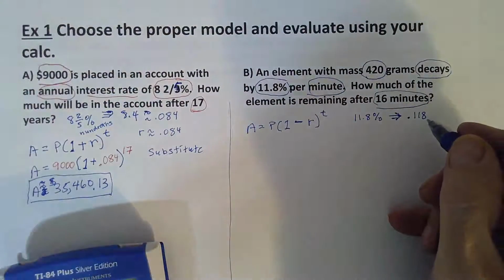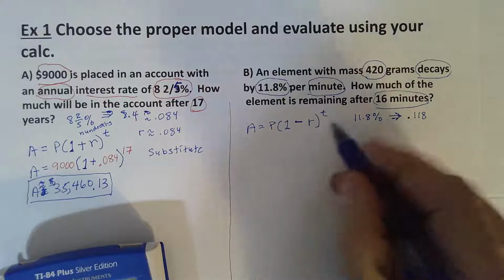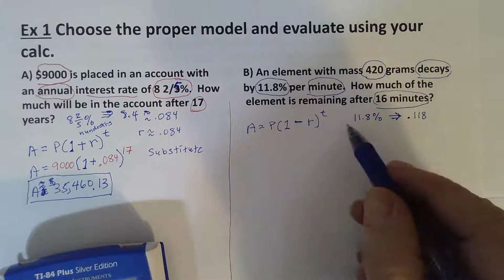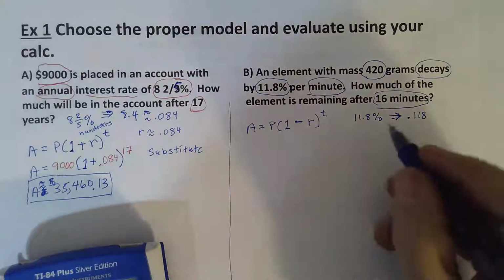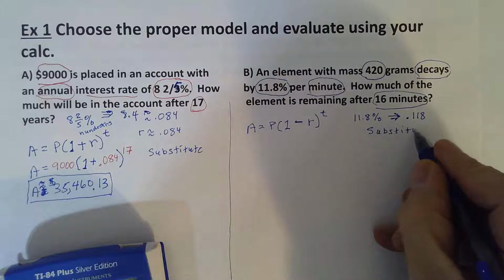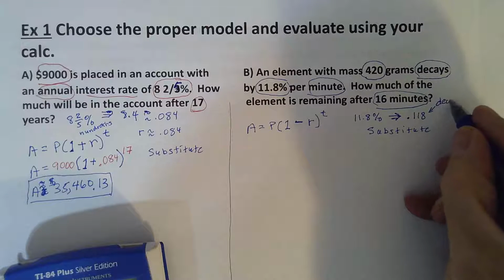Now that you've got the decimal, you know what the rate is. You know what the initial amount was. It's 420 grams. And as far as time is concerned, it's got to be the 16 minutes. So substitute. And remember, this is the decimal you want.